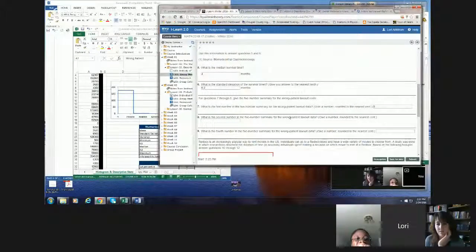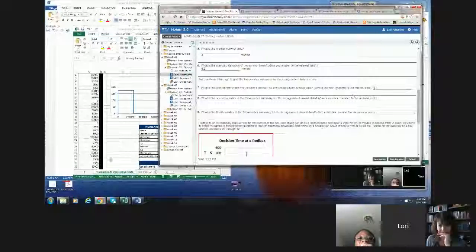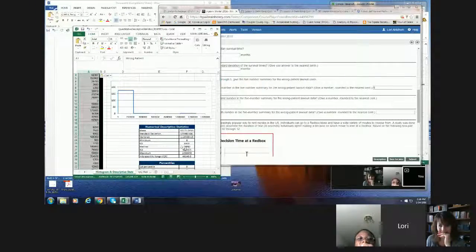Does somebody have that written down? There's got to be something that puts this in numerical order. We don't have to worry about it. It should give us the median. It figures it out. Oh, okay, it gave it to us.